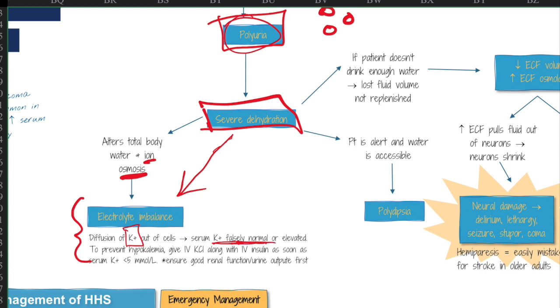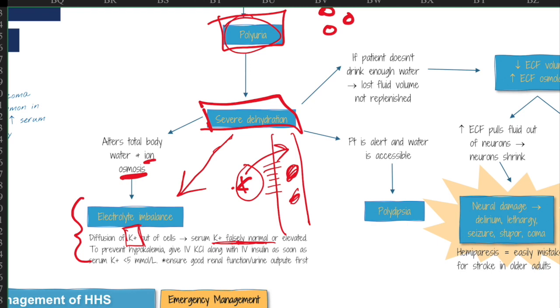It might be high or normal, but you still have to give potassium because that potassium has been pulled out of the cell. Remember, potassium lives in the cells. Most of the potassium in your body is in the cells. It's your sodium that's in the fluids outside. And so when we pull all of that K out, because remember that glucose, right? And there's some stuff going on with hydrogen and what have you, but we're not going to go into all of that. Basically, it's pulling that potassium out of the cell. Now it's in the blood system, right? It's no longer in the cell. That's not good because we need it there.